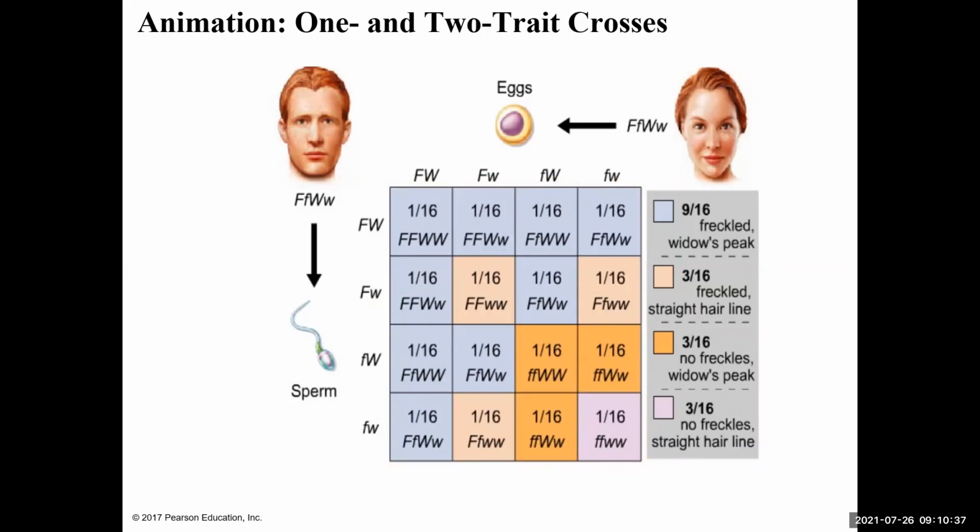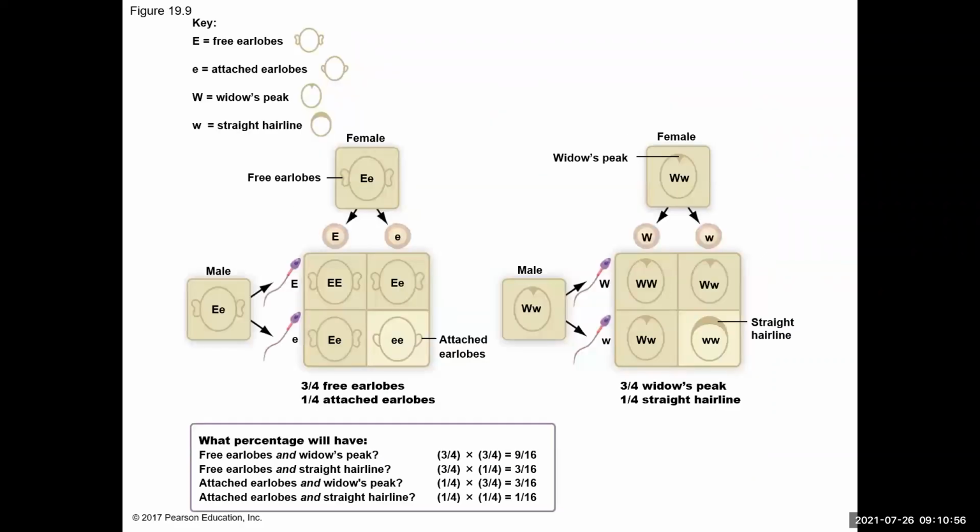Okay, another way to look at dihybrid crosses is, if you understand independent assortment, then you know that you could do a monohybrid cross for each trait because they're independently assorting from one another.